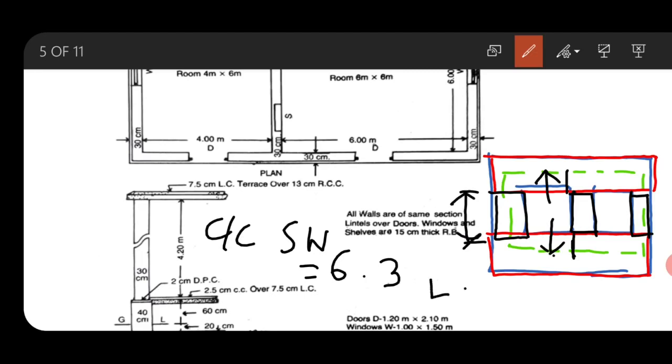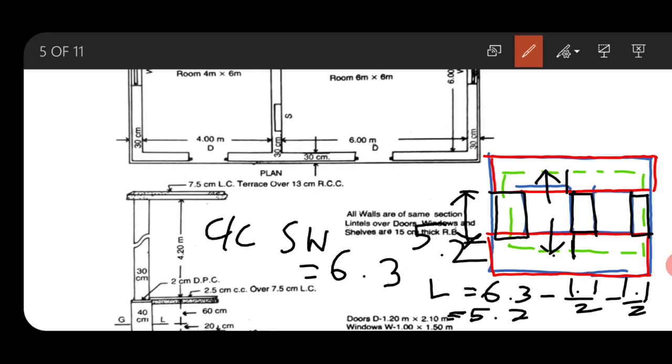So from 6.3, when we subtract half of the width from both sides, we get the length of the left out portion. That means this length is equal to 5.2. So this is the required length.